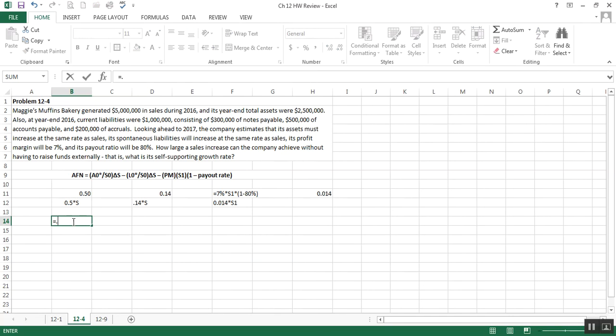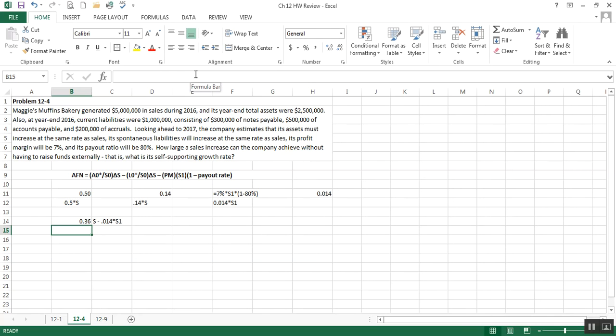So we can do 0.5 times 0.14 is 0.07 times the change in sales. I'm sorry, not times, it's going to be minus. Okay, so that gives us 0.36 times the change in sales minus the 0.014 times S1.